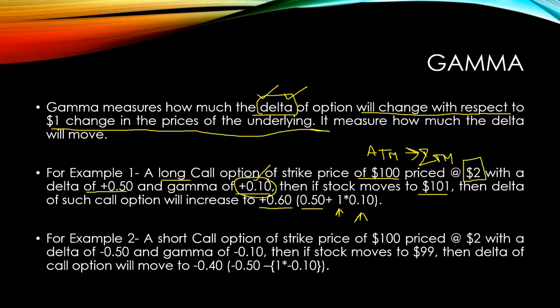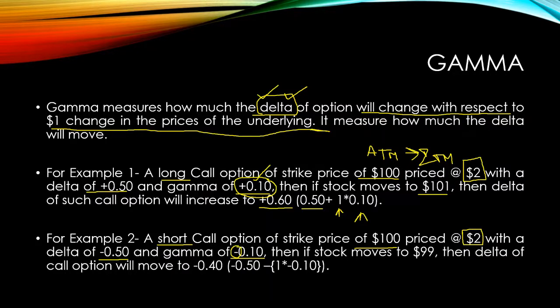Let's take another example. If I have sold a call option with a strike price of $100 for $2 per option, and the option trading software is showing a delta of 0.50 and a gamma of 0.10, you will notice that when I bought the option, it showed positive gamma. When I short the option, it is showing negative gamma.